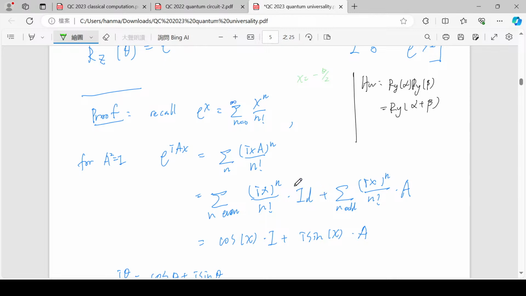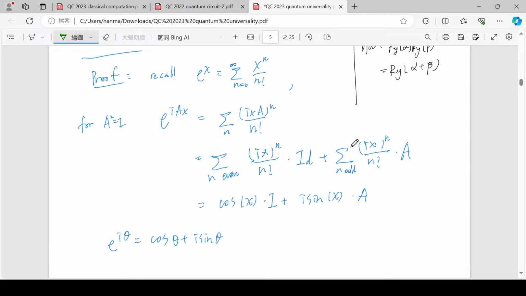And on the other part, we have a similar thing. We have the summation of the other terms, and A to the odd power is some even power times A, and A to the even power times A is identity times A, so that's A. Okay. So the matrix part is just identity and A here.